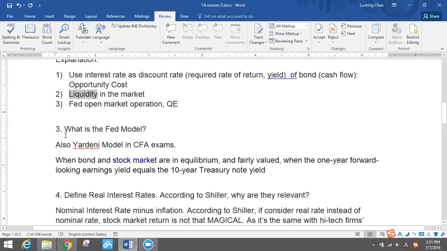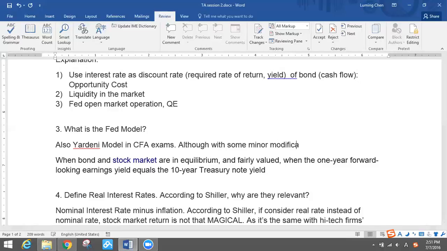Number 3, what is the Fed model? The Fed model is also referred to as the Yardeni model in CFA exams, although with some minor modifications. The essence of this model is that it equates the bond market return with the stock market return.